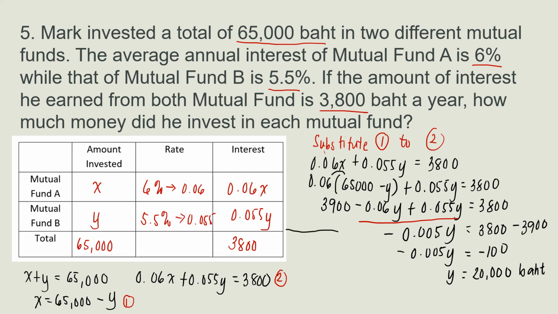So we have x is equal to 65,000 minus 20,000. So our x is equal to 45,000 baht.